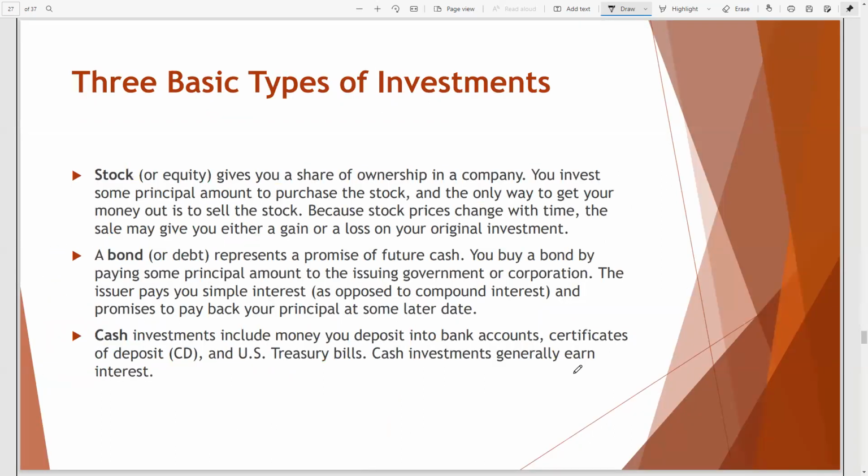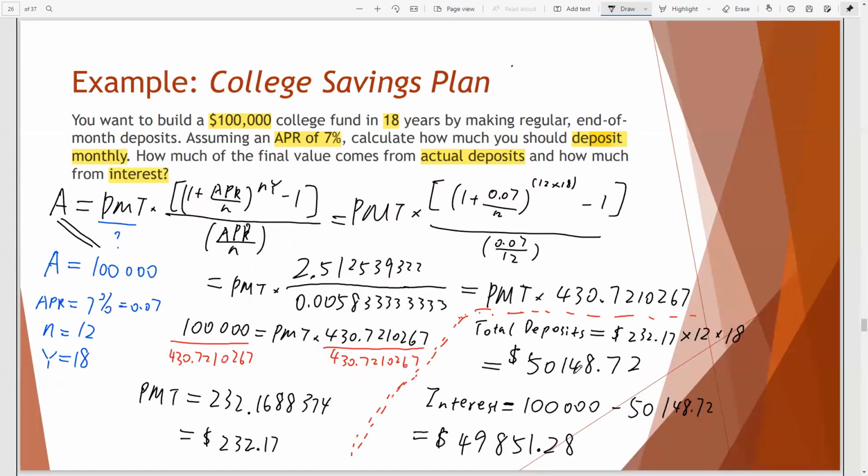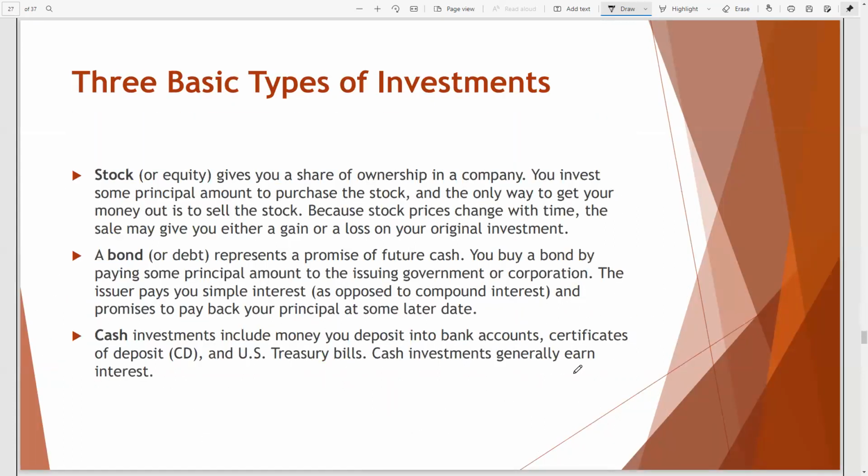And well, for the other types of investment, not only do you have saving plans, right? Sometimes stock, bond, or even cash. Stock or equity gives you a share of ownership in the company. You must invest some principal amount to purchase the stock, and the only way to get your money out is to sell the stock. The stock price is changing with time, so the sale may give you either a gain or a loss on your original investment.